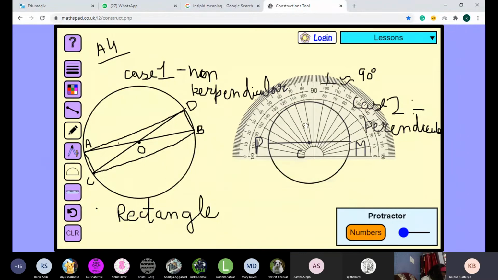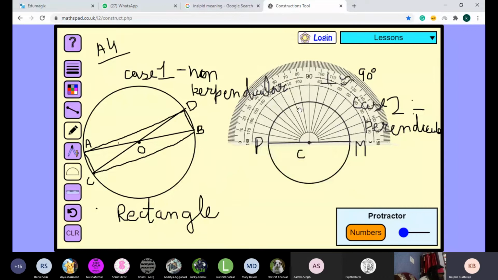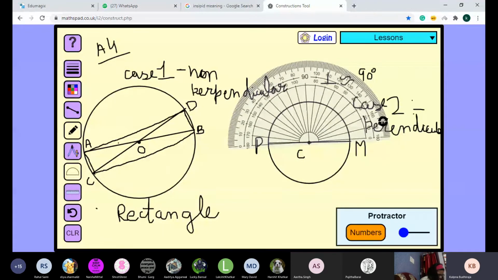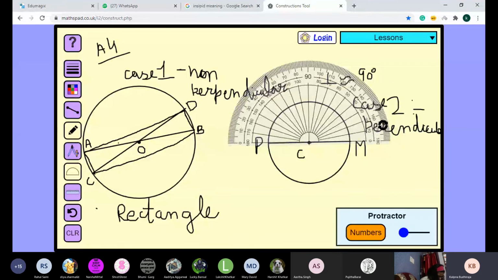You will place your D. Look here, all of you. I have placed my D here. At 0, you will place the D. All of you know how to use the D? This is the point where I am getting 90 degree.